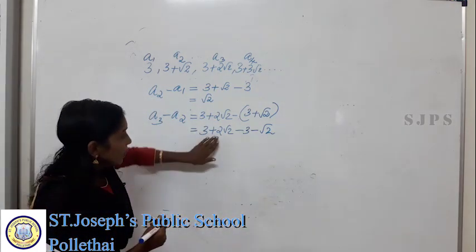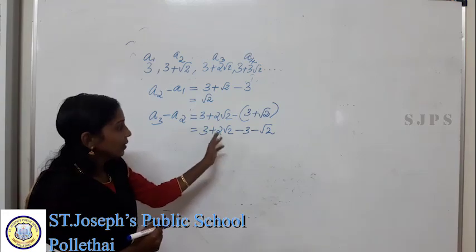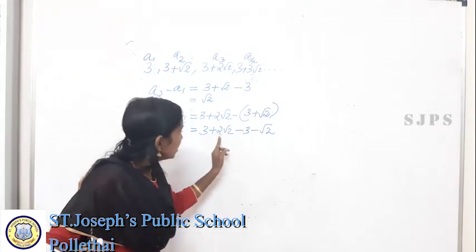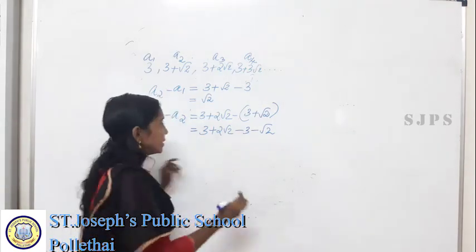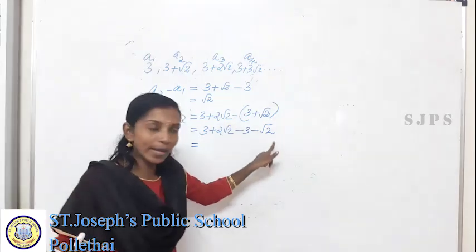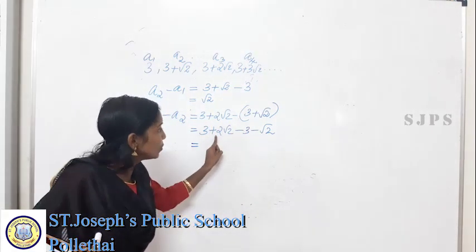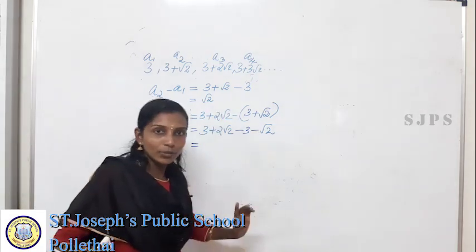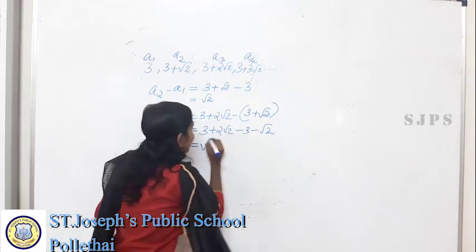Then we can subtract the two rational numbers, and then we can subtract the two irrational numbers. This 3 minus 3 we get 0, and 2 root 2 minus root 2. Here root 2 means it is 1 root 2, that is 2 root 2 minus 1 root 2, we get 1 root 2, or that is root 2.